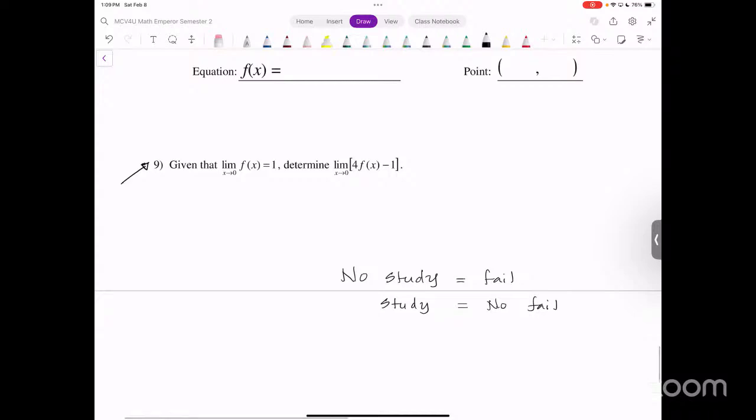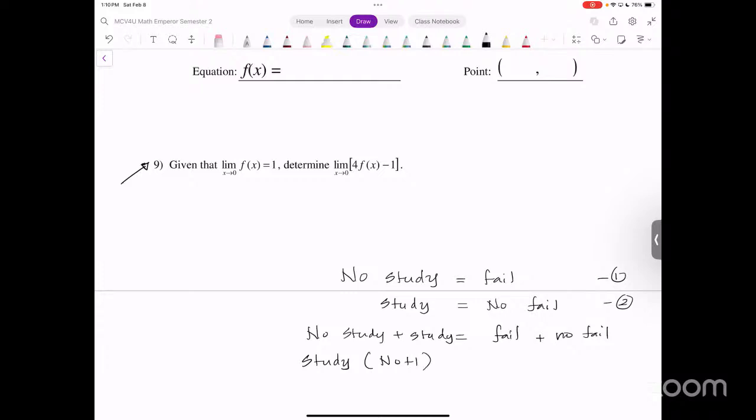Okay, now we're going to add these two equations. Equation number 1, equation 2. I'm not wrong, it's a good formula. Study plus study is equal to fail plus no fail. We can common factor study, right? So no plus 1. We can common factor fail.